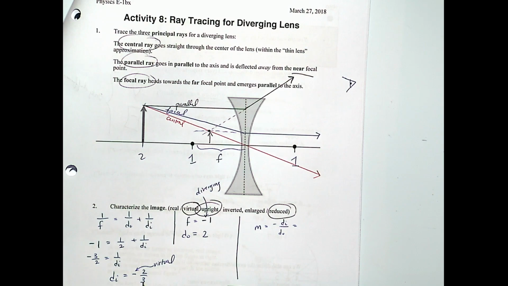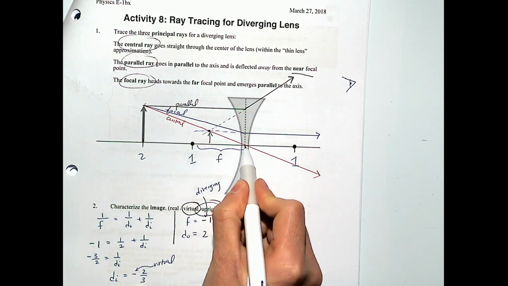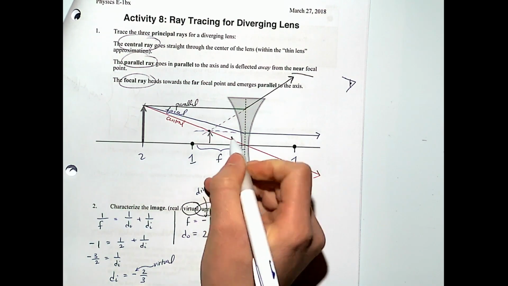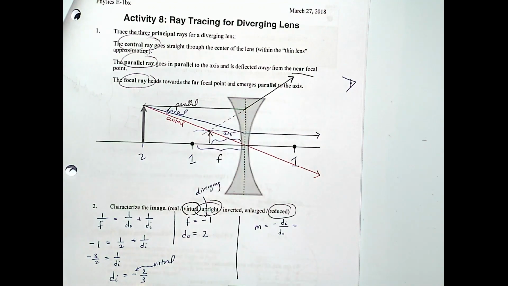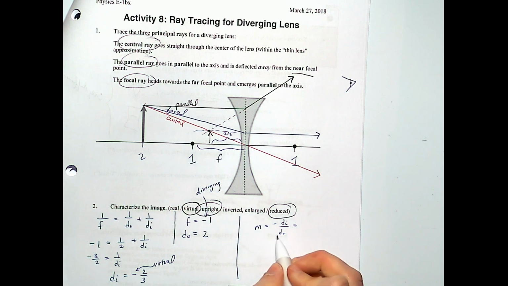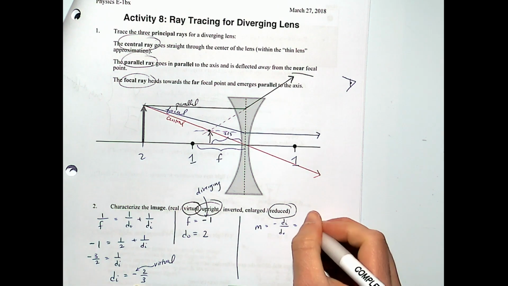And it says that it's located 2/3 units away from the center, which looks like approximately 2/3, right? Yep. So it seems like we did that right. Then for the magnification, that's still minus di over do. Di is minus 2/3. What's do?